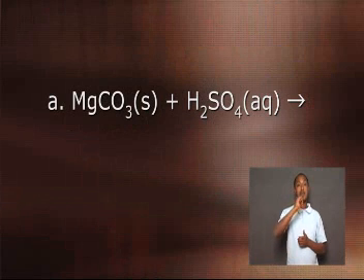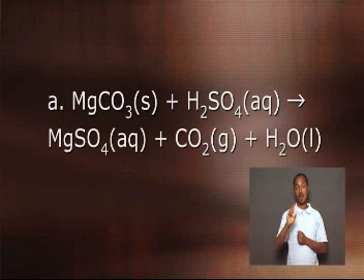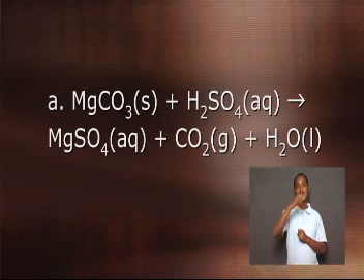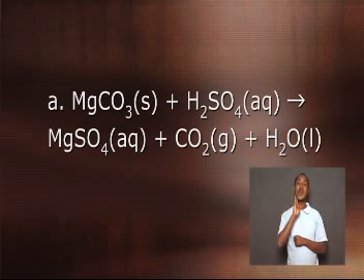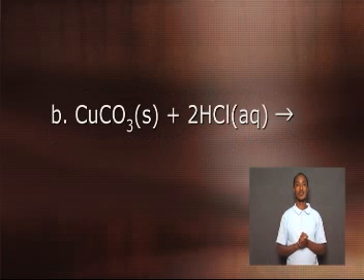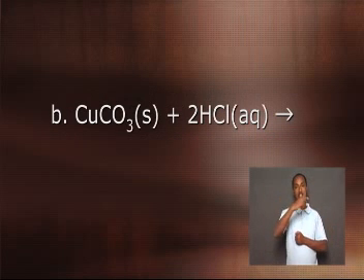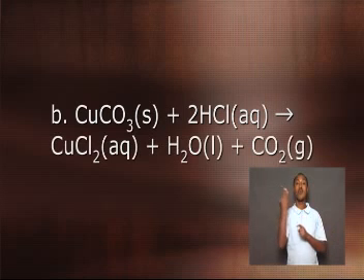Magnesium carbonate reacts with sulfuric acid to form magnesium sulfate, carbon dioxide, and water. Copper 2 carbonate reacts with hydrochloric acid to form copper 2 chloride, water, and carbon dioxide.